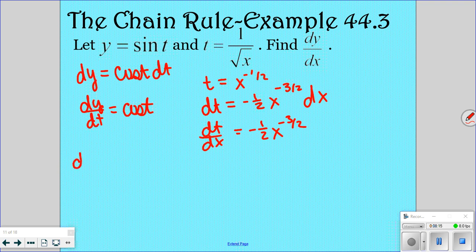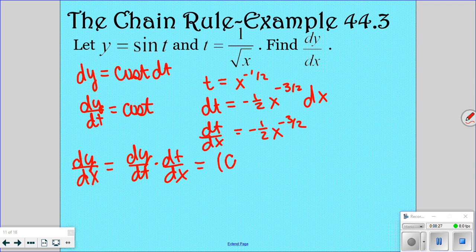So we're looking for dy over dx. So that's going to be equal to dy over dt times dt over dx. So dy was cosine of t, and dt over dx is negative 1/2 x to the negative 3/2. And again, it's over dx, so we have to have x.